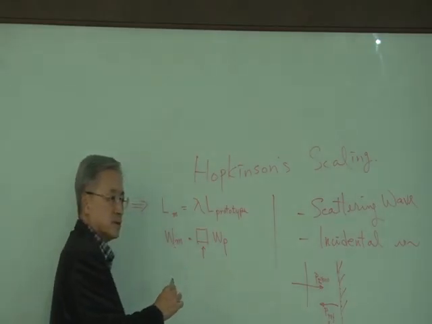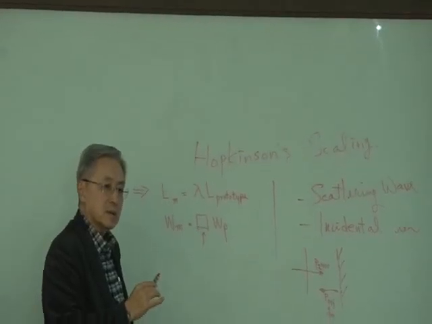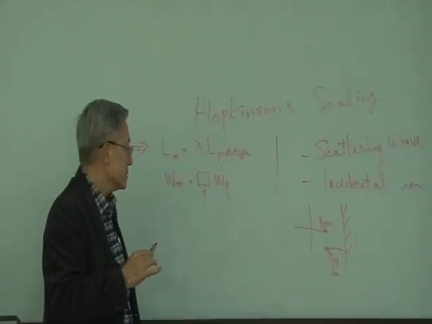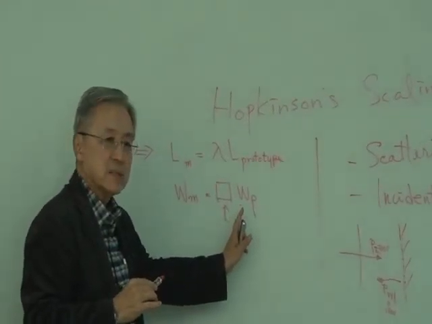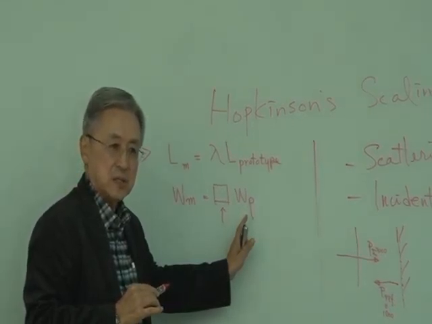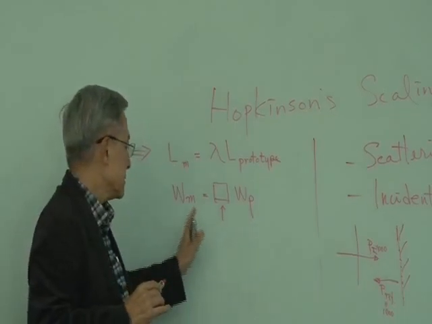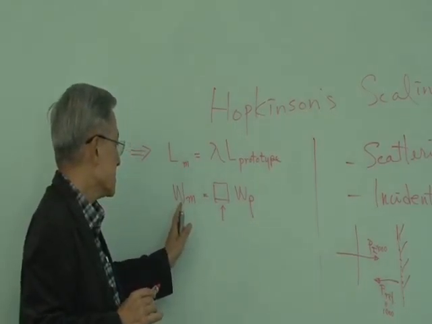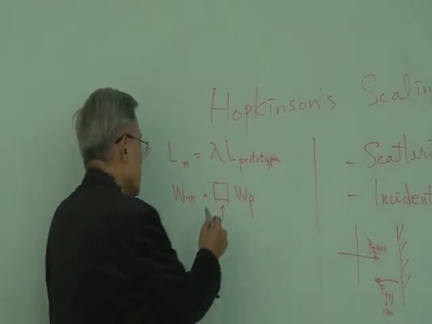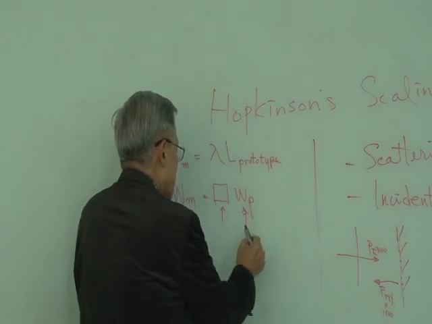W here is the mass of the model. This is the mass of the prototype, something like a mass density of the prototype. So here the prototype is for the mass.